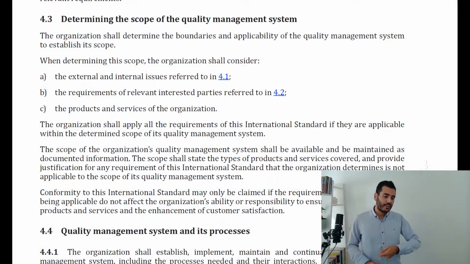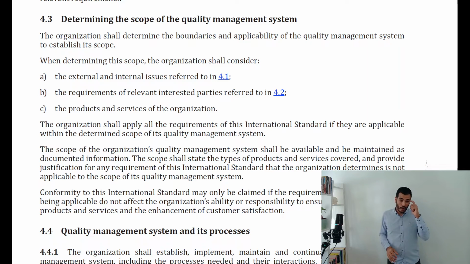However, if there are other elements within your organization that you would not want to consider, you can freely do that. And the organization shall apply all the requirements of this international standard if they are applicable within the determined scope of the quality management system.